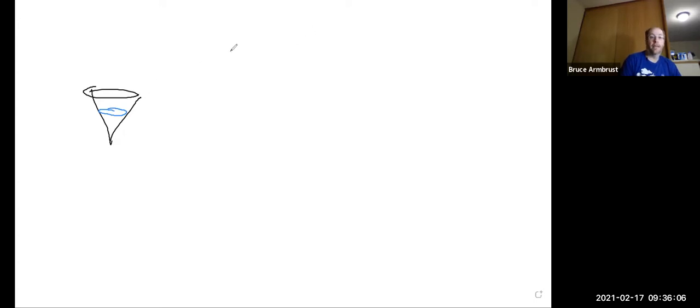And so we're going to follow the exact same process. The work is going to be the integral of force times displacement. So the force is going to be its weight, so it's going to be weight times displacement.